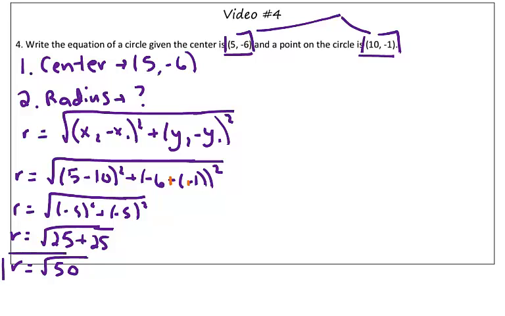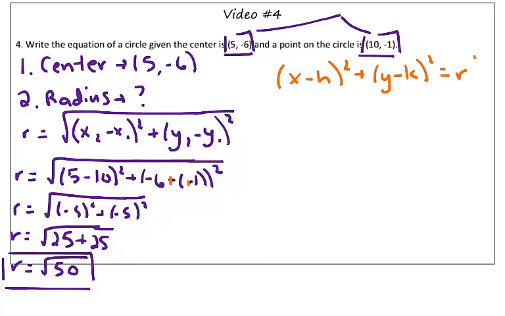So now we have our radius, and we have the center of our circle, so we have everything we need to write the equation of our circle. So remember, based on our notes, the equation of our circle is x minus h quantity squared plus y minus k quantity squared equals your radius squared, where h and k are your center, or the x and y value of our center.